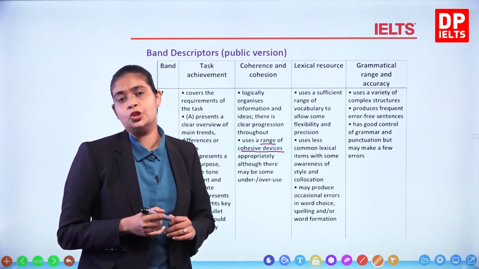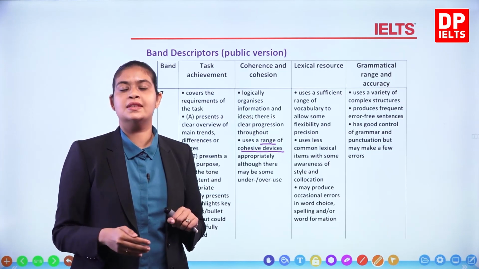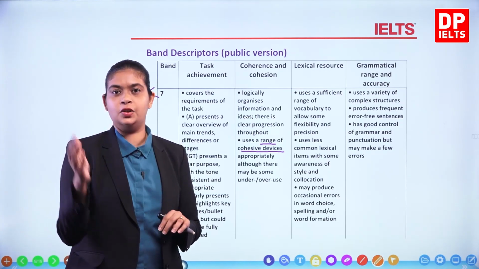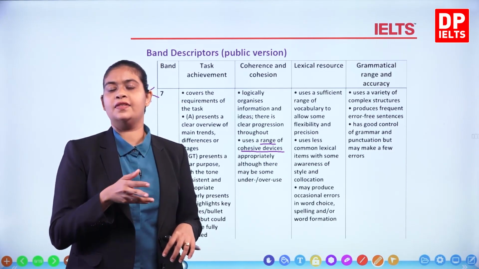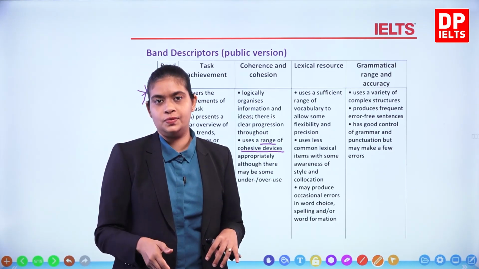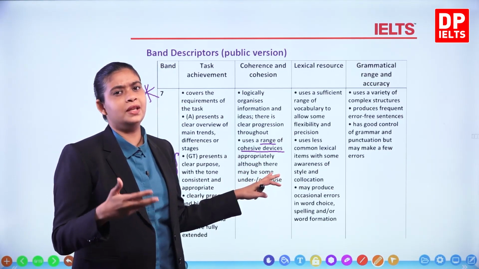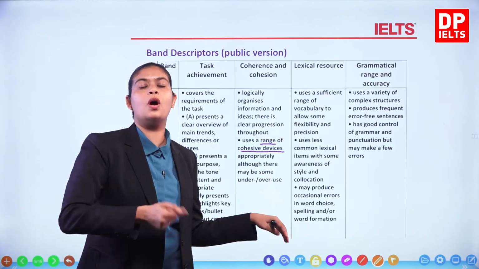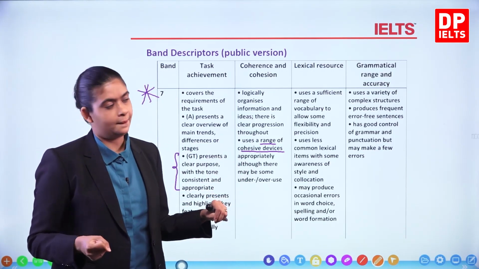So when we teach you linking words, most students memorize them and start using them everywhere, so sometimes it's overused, and the others who don't know it underuse it, okay. Cohesive devices are linking words again.